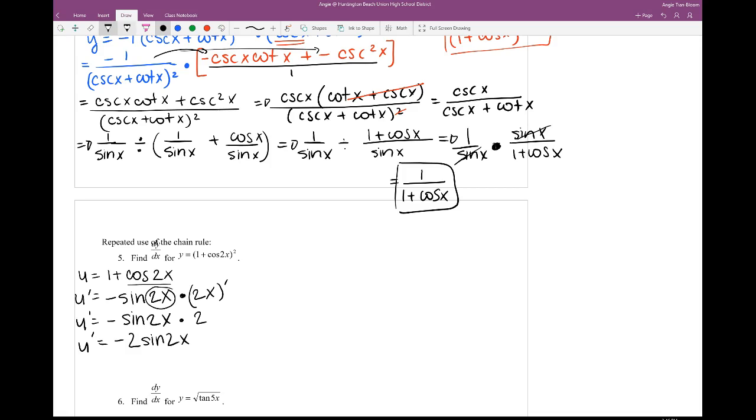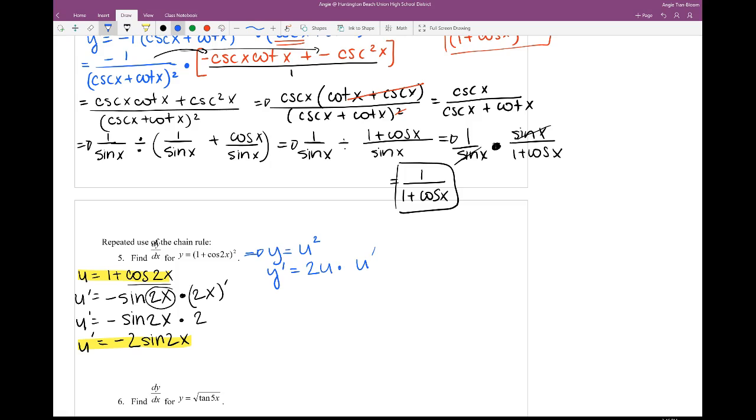So let me highlight u prime. So u prime is this, and u is this, okay? So for our question, I'm going to now change it to y equals u squared, because I let the inner piece be u. So y prime is 2u times u prime, okay?